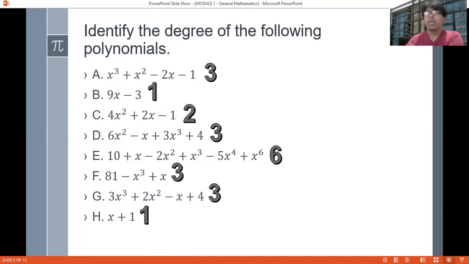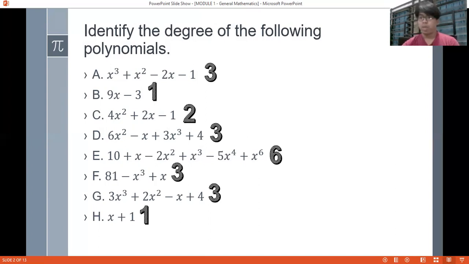Now I'm going to answer your question: why are those numbers the degree of the following polynomials? First, remember that the highest exponent we have in a certain polynomial is the degree.